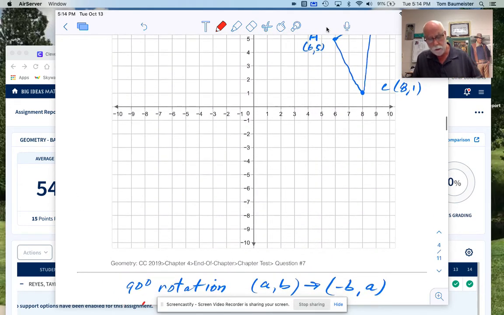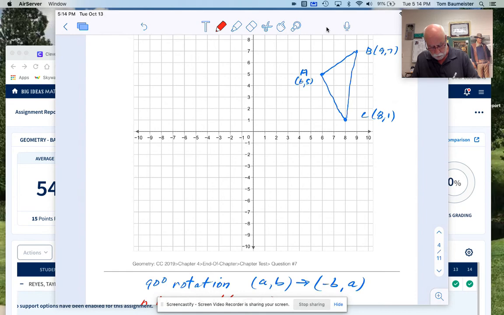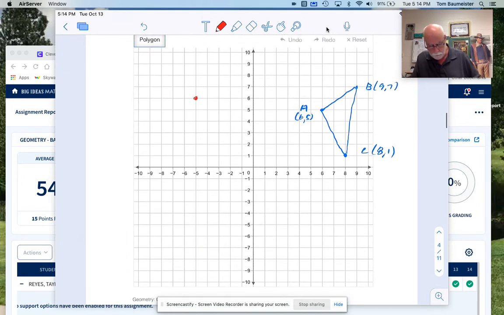All right. So I just told you -5. So go over -5. I'm going to go up 6. -7 and up 9. And for C, we're going to go -1, and we're going to go up 8.